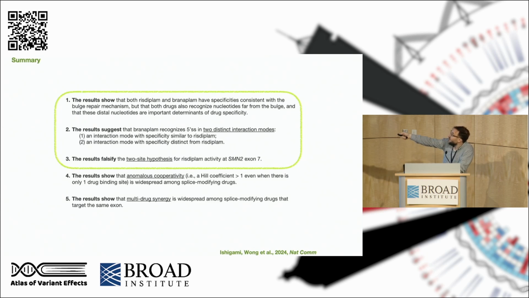It suggests that branaplam actually recognizes 5' splice sites in two distinct biophysical interaction modes. One is an interaction mode with sequence specificity very similar to risdiplam, and the other is an interaction mode with specificity distinct from risdiplam. So the hypothesis is that branaplam is binding all the 5' splice sites that risdiplam is, plus another set caused by this distinct specificity.